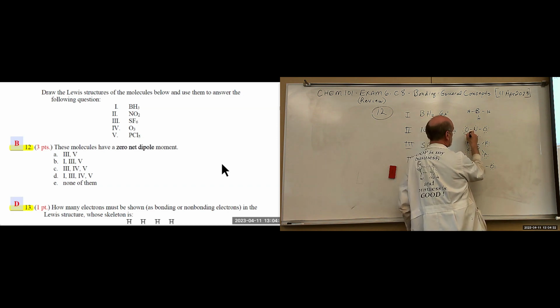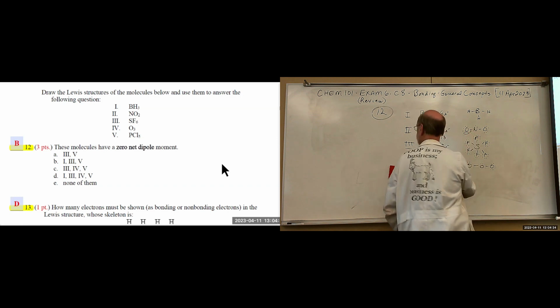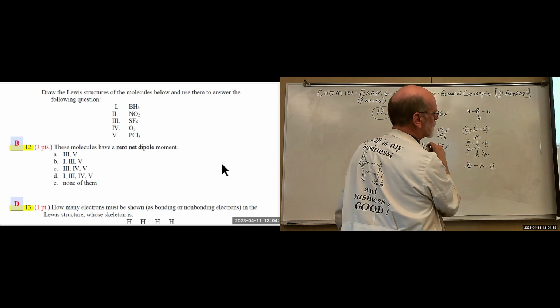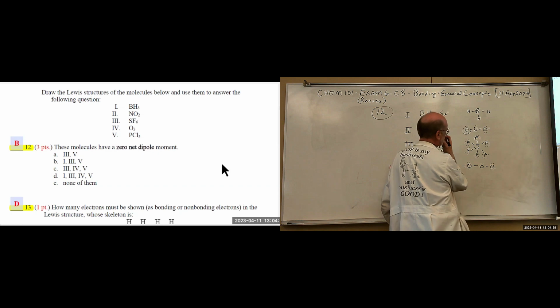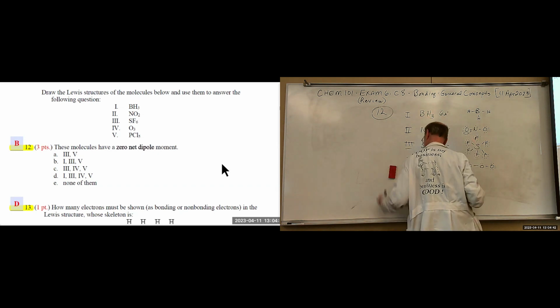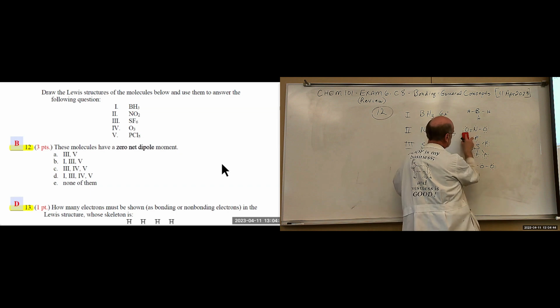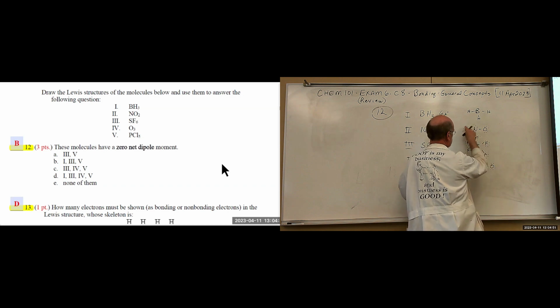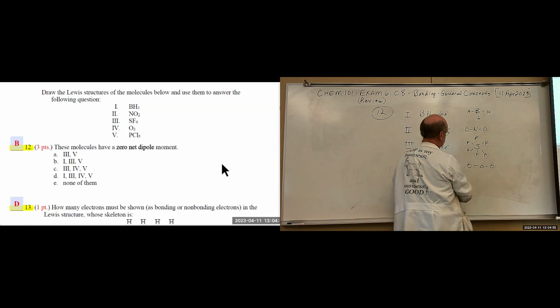If we put these 2 over here, did I do that right? Yeah, doesn't have a charge on it. That would make this one a double bond. That's going to knock that one. This one has 2, 4, 6, 7. That one's deficient. Okay.